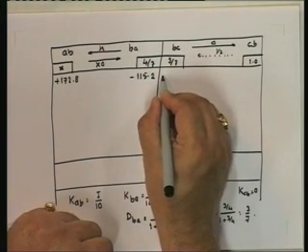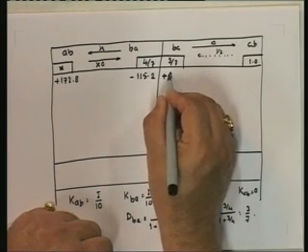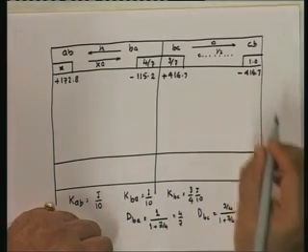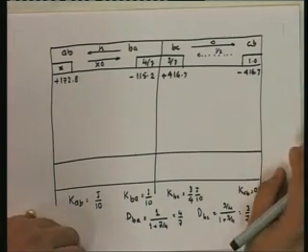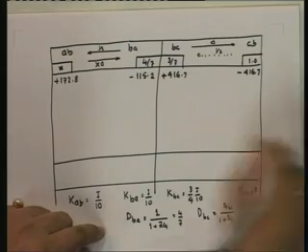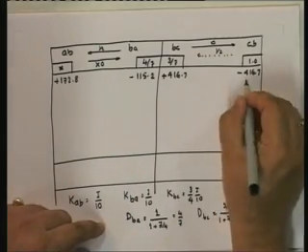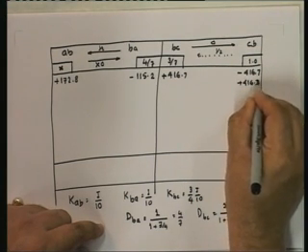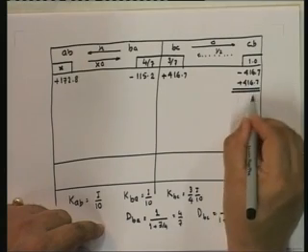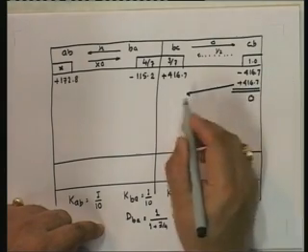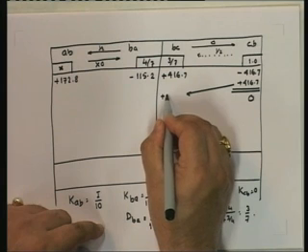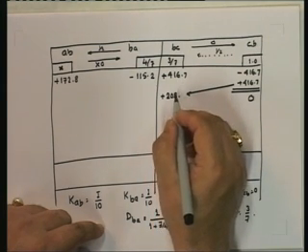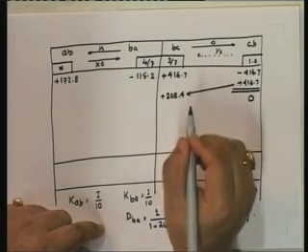minus 115 plus 416.7 minus 416.7. Okay? So now the first thing we do is put plus 416.7, put this equal to 0, carry over here, this becomes plus 208.4.